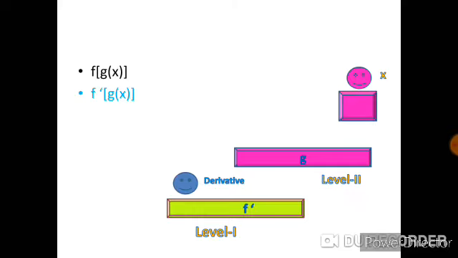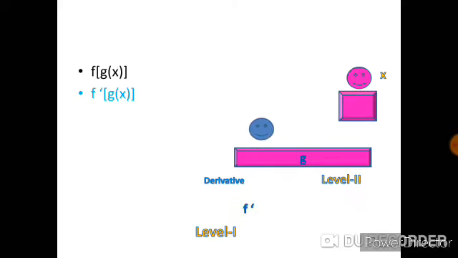Now we'll move to the second level because we have finished the first level. We'll use the operator derivative. So we are playing the game at the second level now. Operating by derivative on the second level function g, it will vanish and become g dash.